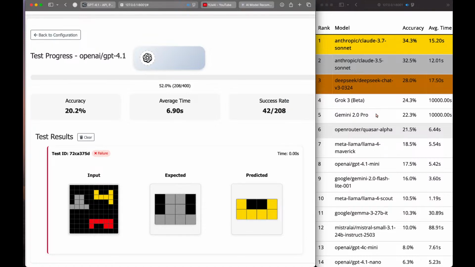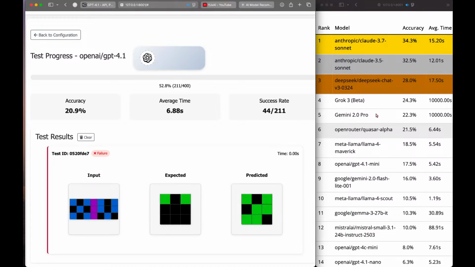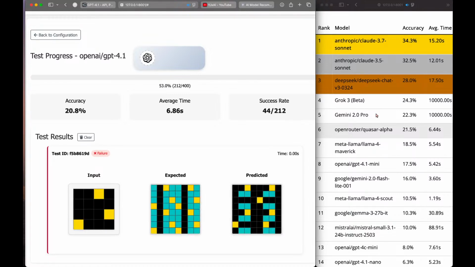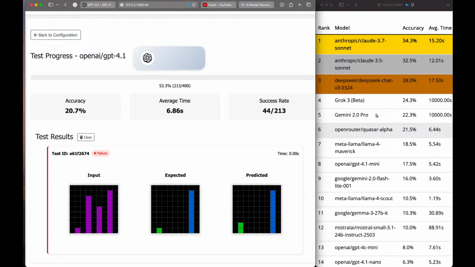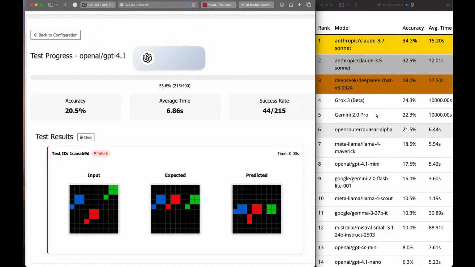Are you talking about OpenAI O1 Pro's pricing? Yeah, GPT 4.1's performance is not that good.